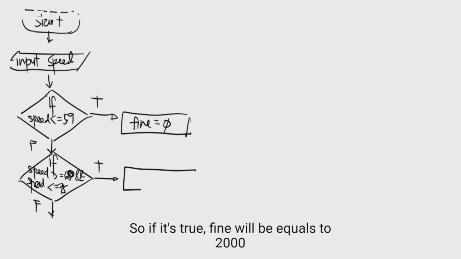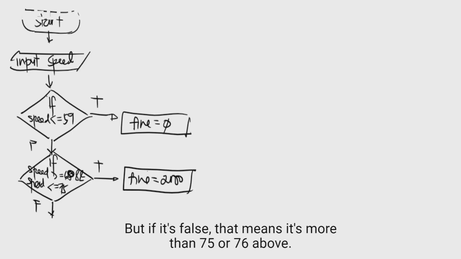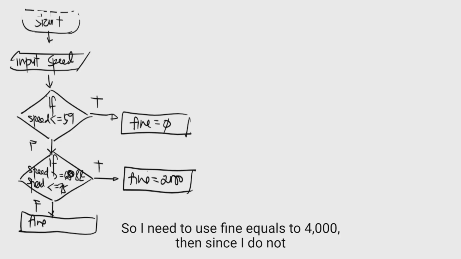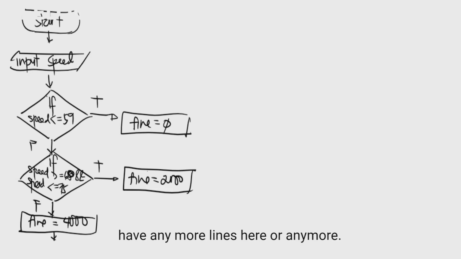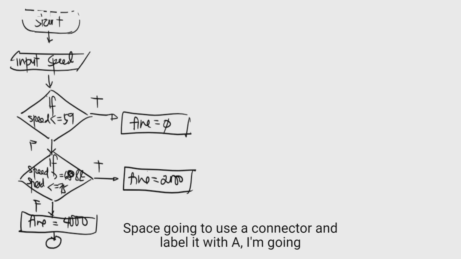If it's true, fine will be equals to 2,000. But if it's false, that means it's more than 75 or 76 above. So I need to use fine is equals to 4,000. Then since I do not have any more space here, I'm going to use a connector and label it with A.